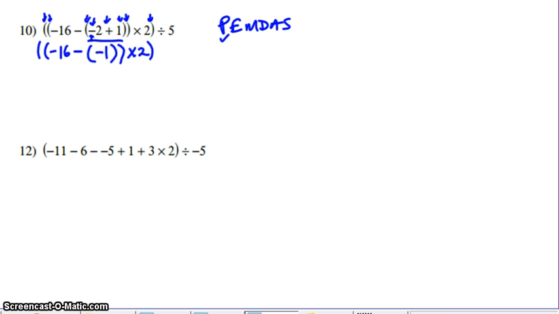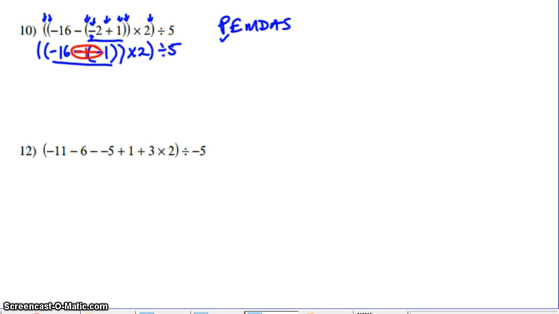Alright, from there, we have another set of parentheses we have to work in. Oops, I forgot my 5. So we have negative 16 minus negative 1. And if you remember, when we have two negative signs next to each other, it's really just addition. It's a double negative, so it's plus. So we have negative 16 plus 1.